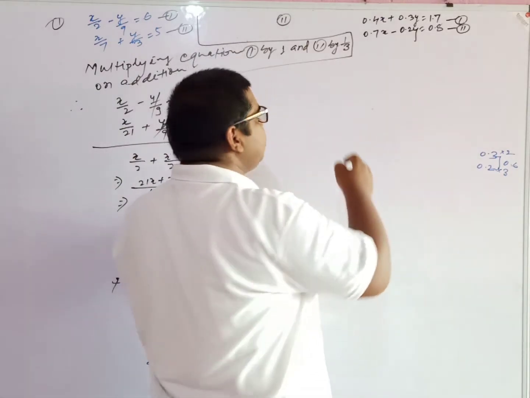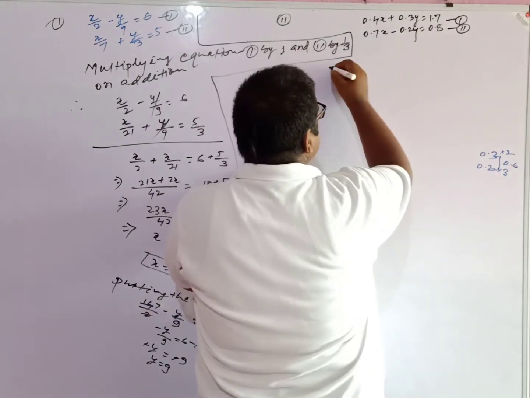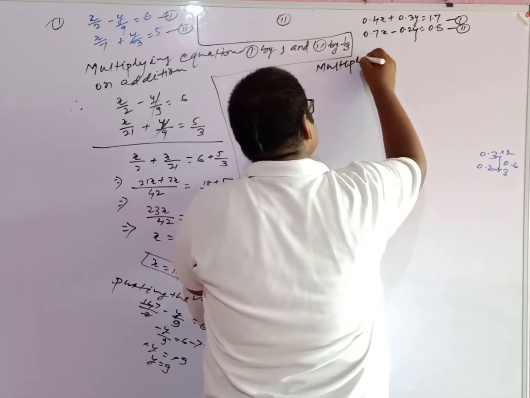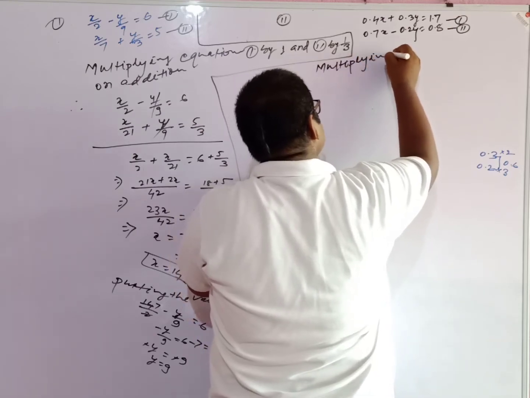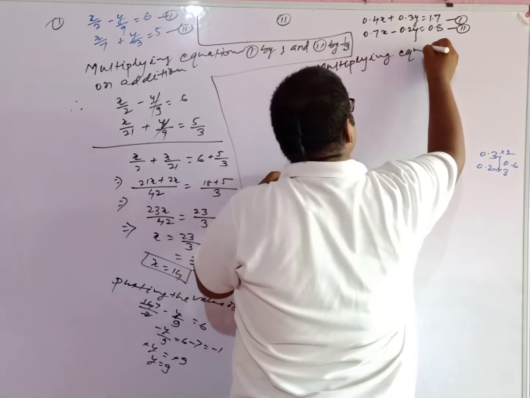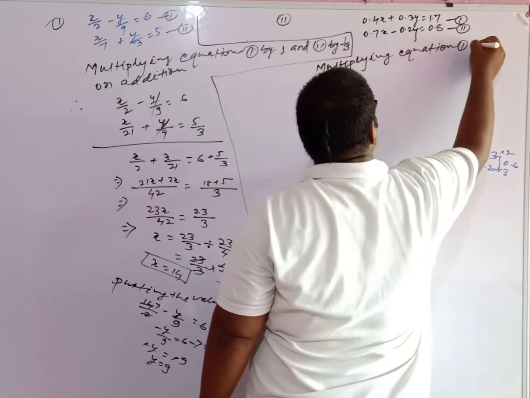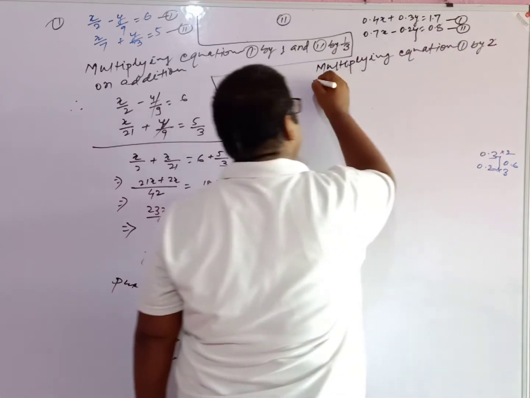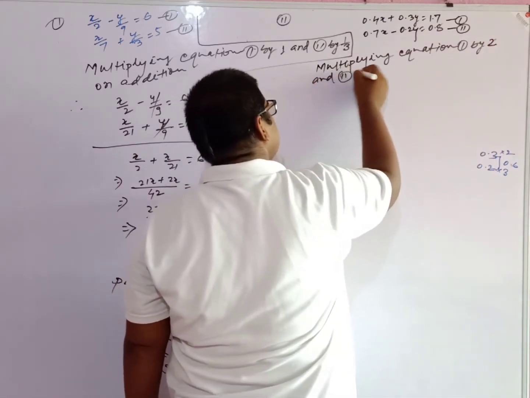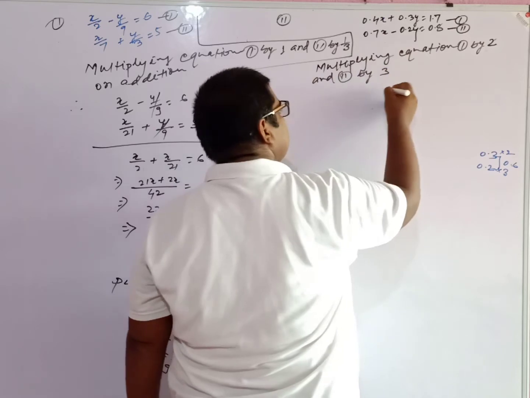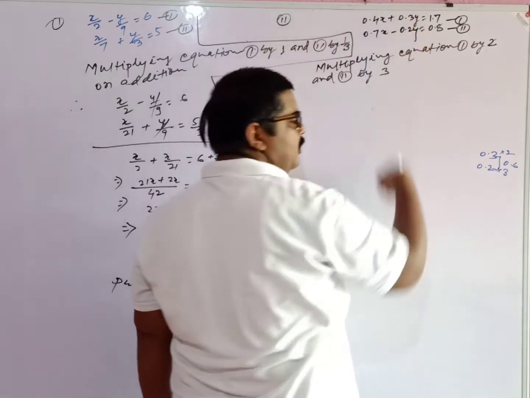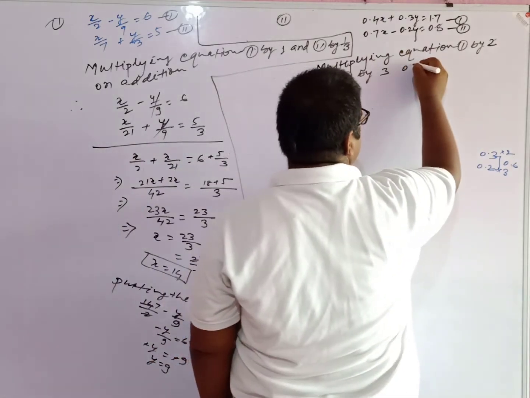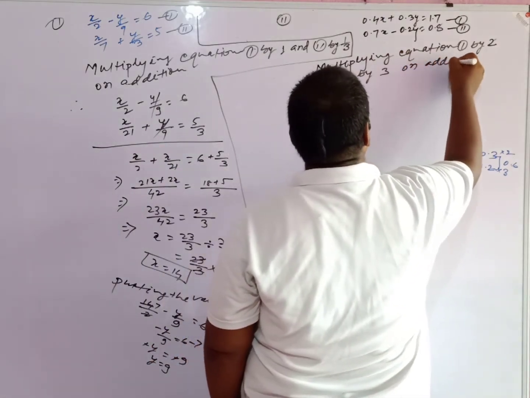Write down: multiplying the first equation by 2 and the second by 3. Since the signs are opposite, you have to add.